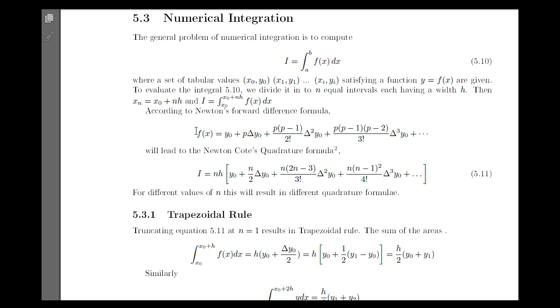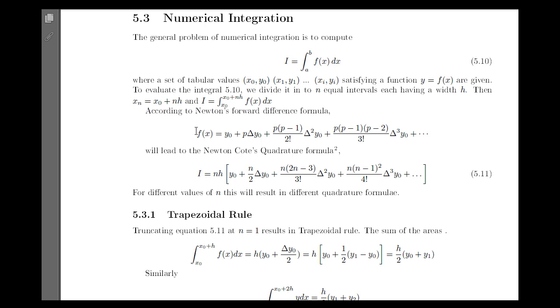If you use this Newton forward differential formula and assume the data set is equidistant in terms of x, and use the condition that xn = x0 + nh, then this function will become Newton's quadrature formula, which is nothing but the integral.